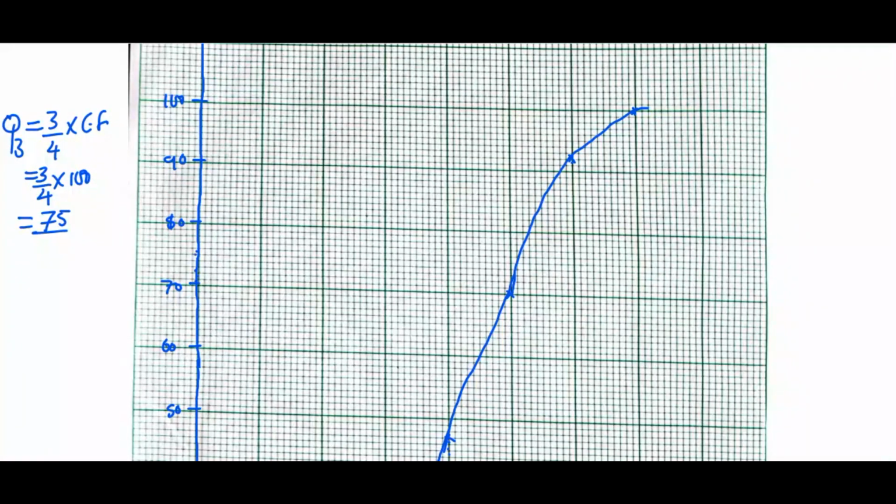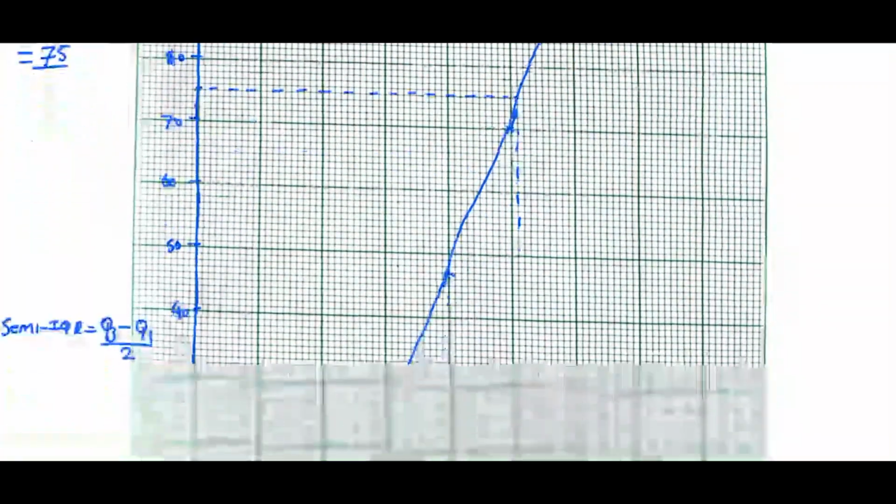So 75 is here. Then we are going to draw a line parallel to the x-axis until it touches the curve. Then from there we need to turn 90 degrees. This time we'll move parallel to the y-axis.